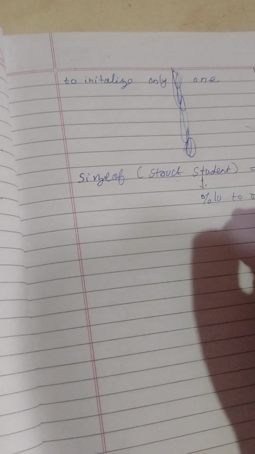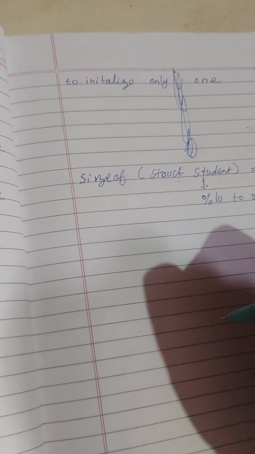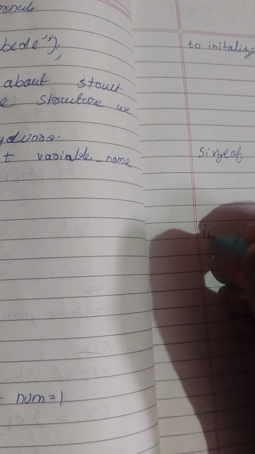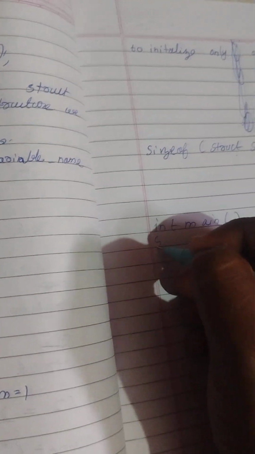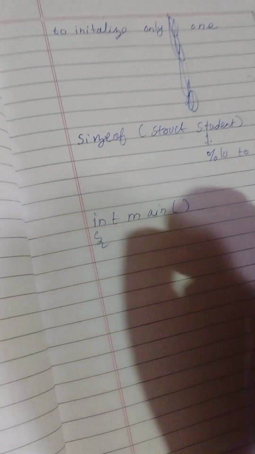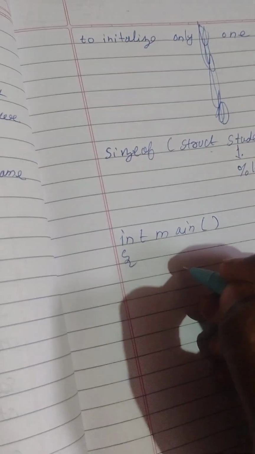Next, how can I declare and initialize the variable? Just think about this being the structure. Here I am writing int main, open bracket close bracket. Inside I am going to declare a structure variable.